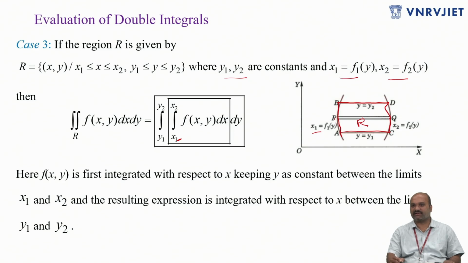See here, to cover this region, this strip has to move from the line y is equal to y1 to y is equal to y2. Once it slides from y1 to y2, it covers the entire region of integration. Okay, so here we integrate with respect to x and then with respect to y. While integrating with respect to x, we treat y as constant, and next we integrate with respect to y. Okay, this is another case.